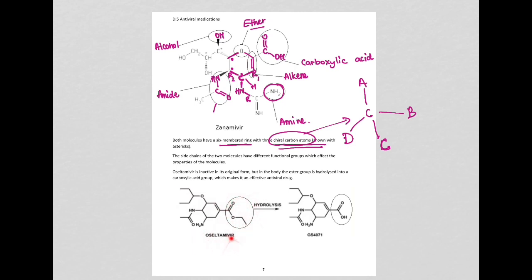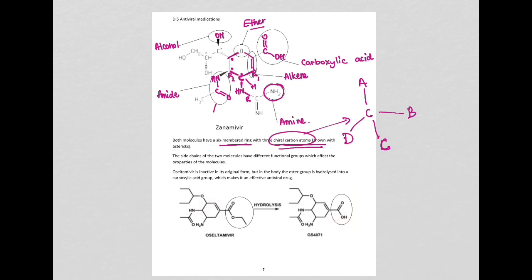In this form, oseltamivir, in its original form, is inactive, but inside the body, this ester side chain is going to be hydrolyzed and is going to form the carboxylic acid group. And this form of oseltamivir with the carboxylic acid group is the active version of the antiviral drug.